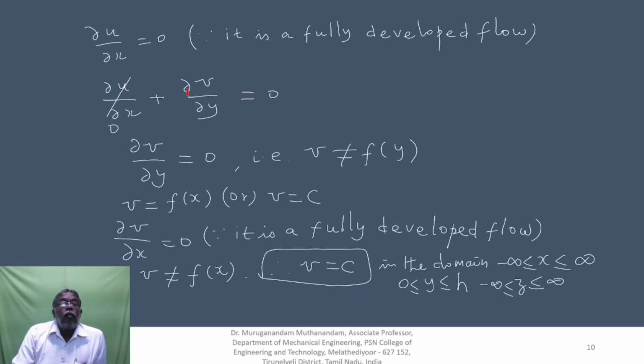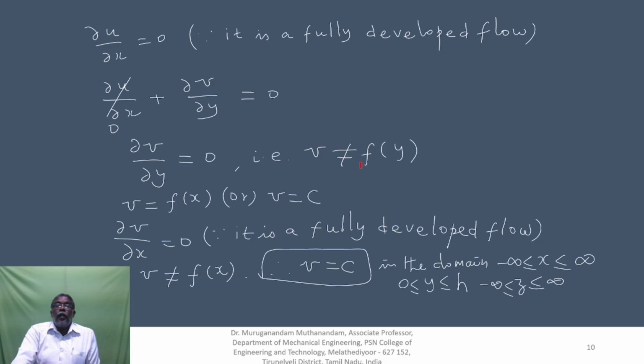Hence, from the reduced form of the continuity equation, we obtain partial v upon partial y is equal to 0. What is the meaning of this? If we differentiate a function v, small v, which is the y component of velocity of the fluid flow, with respect to y, that will be equal to 0. Hence, that function is not a function of y.